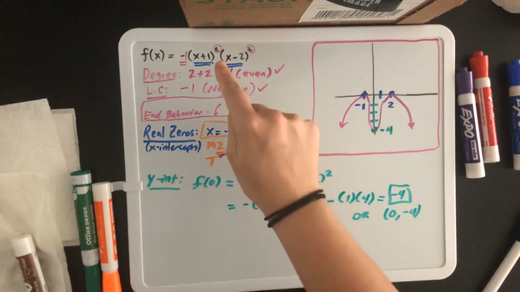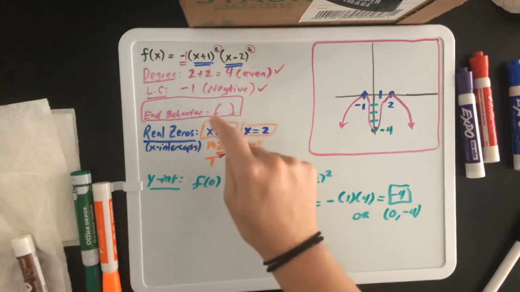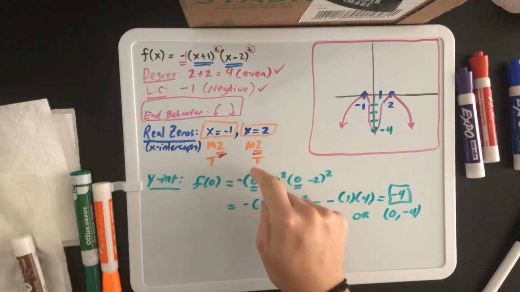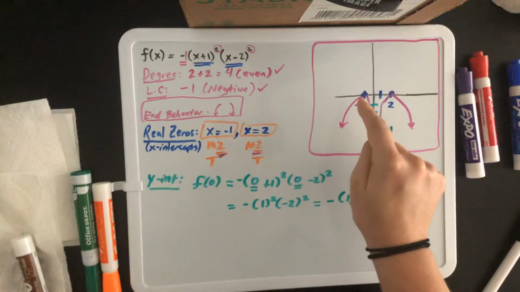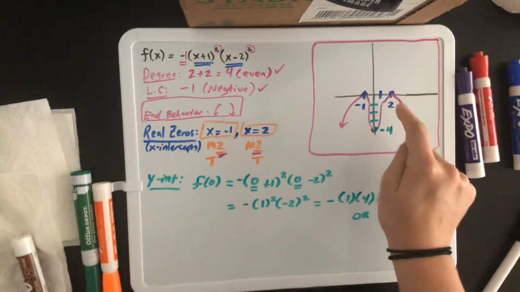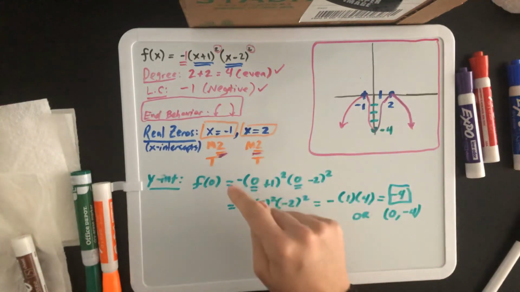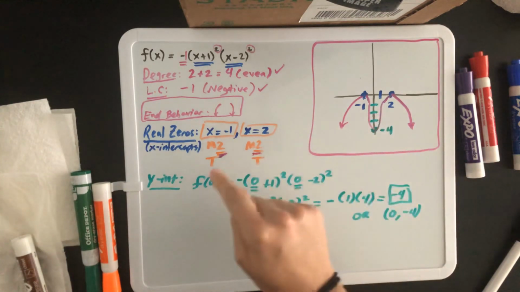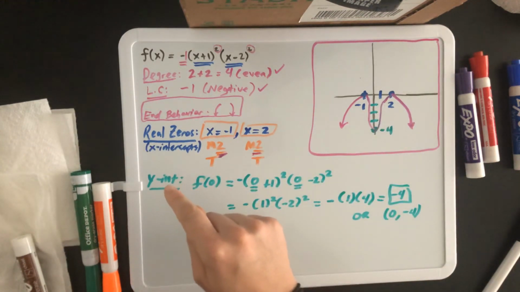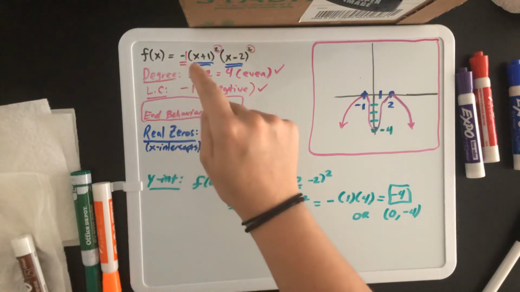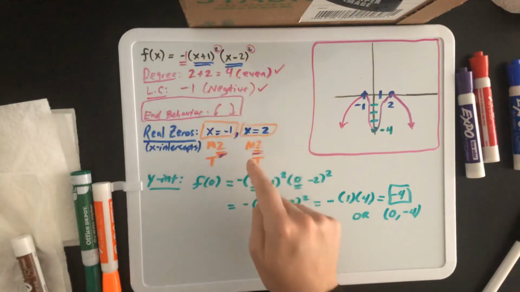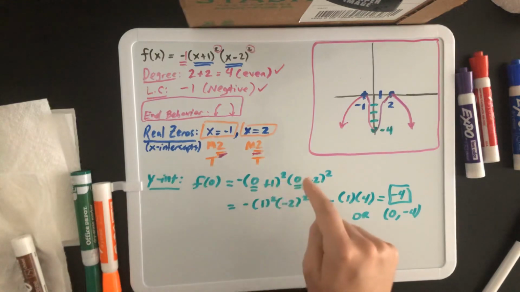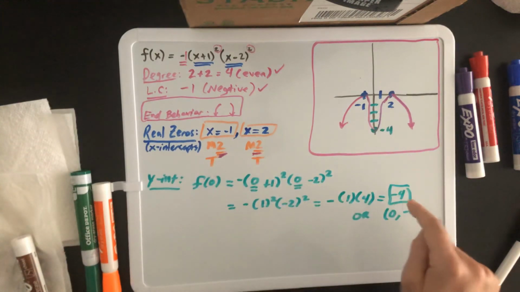The factors of each of those had a power of 2, so we said we would touch, not cross, touch and turn around. So I touch and turn around, touch and turn around. And finally, to get a better sketch, we needed to know where I'd cross the y-axis. So to find the y-intercept, I needed to let x equal 0 in the function. So let your input be 0 and see what happens, carefully with your arithmetic. So following PEMDAS, we ended up getting -4 there.